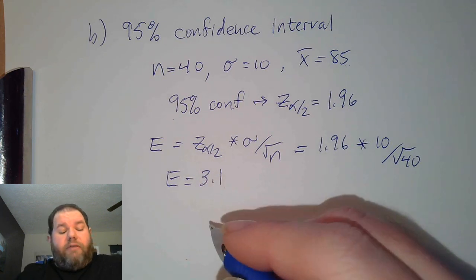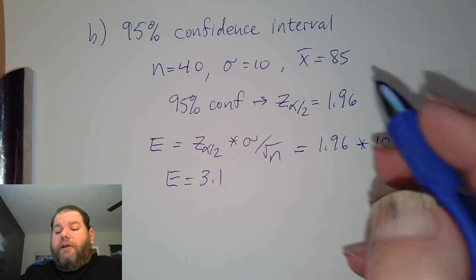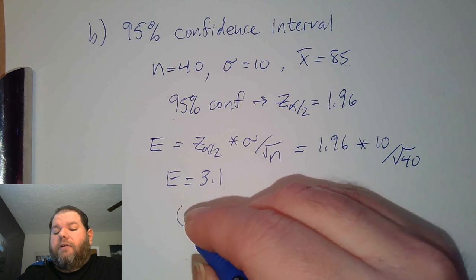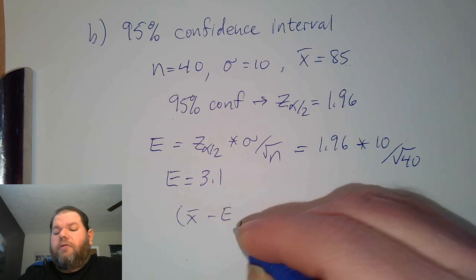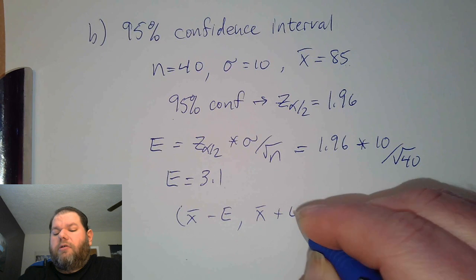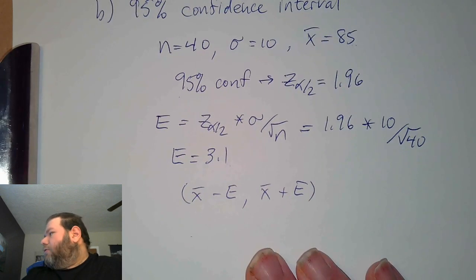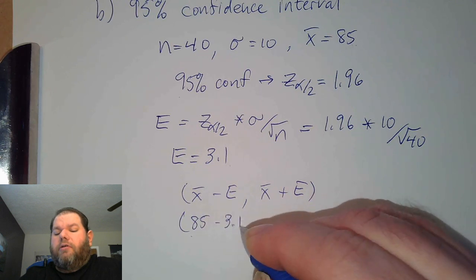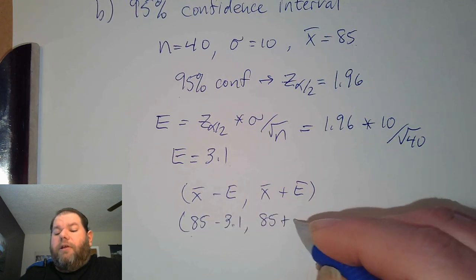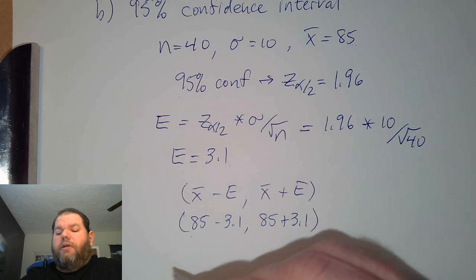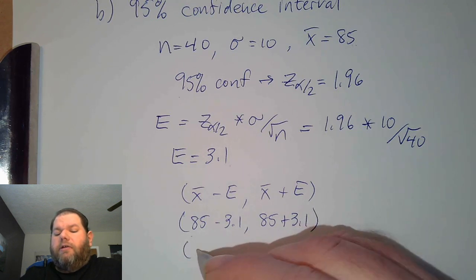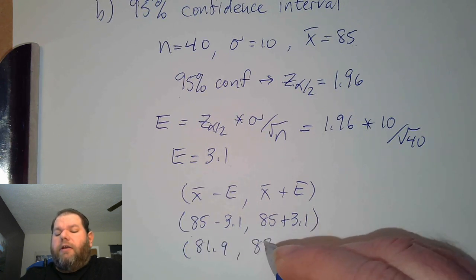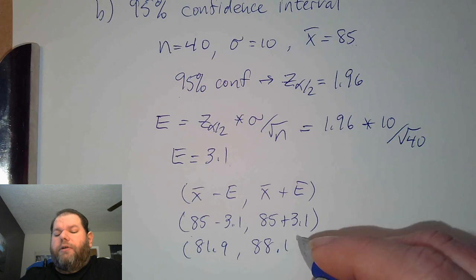So now we want to create our confidence interval. We'll take x bar minus e and x bar plus e. So we'll have 85 minus 3.1 and 85 plus 3.1. So this is 81.9. This is 88.1.